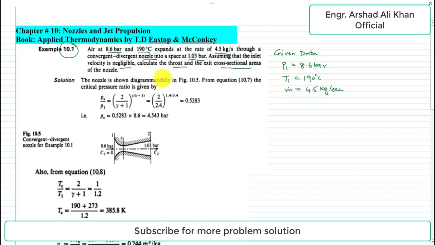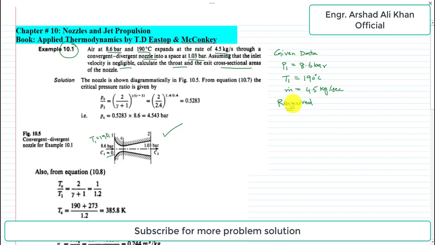The nozzle is convergent-divergent and it is shown over here. This is the inlet conditions. P1 is 8.6 bar, T1 is 190 degrees centigrade, and the inlet velocity, that is C1, is negligible and it has value 0 meter per second. We are required to find two areas in this.